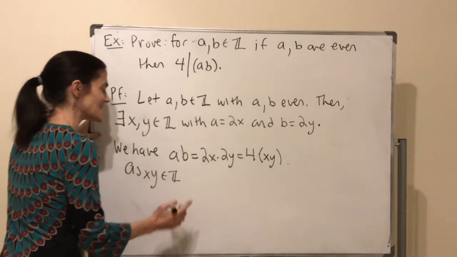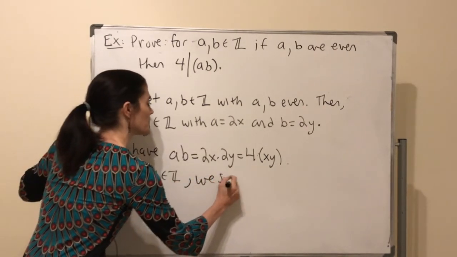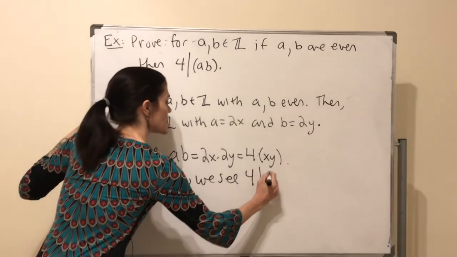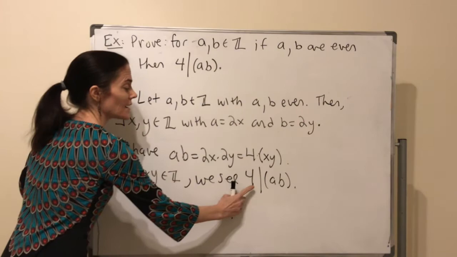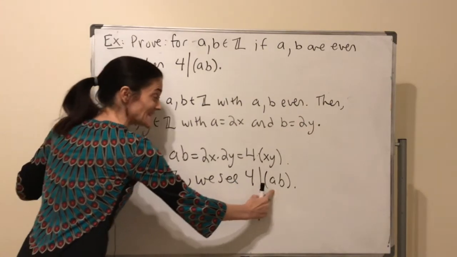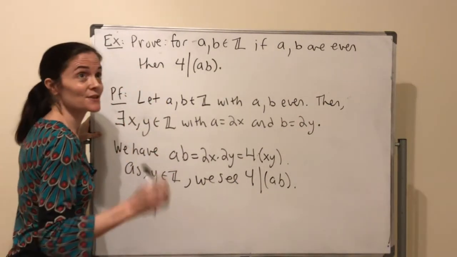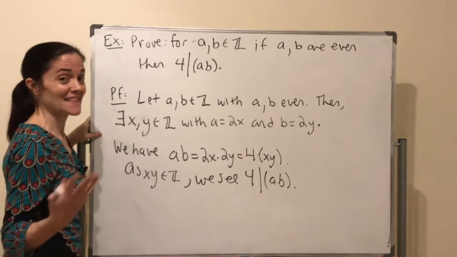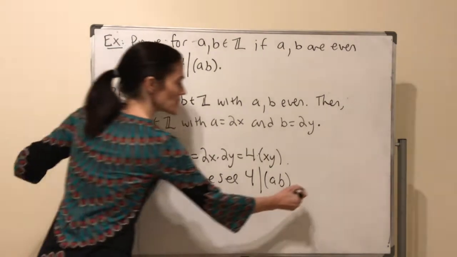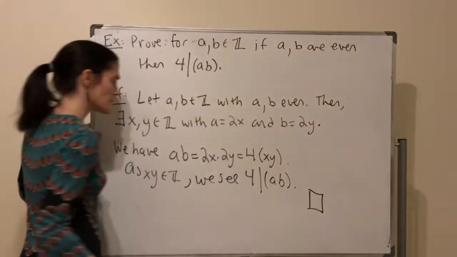So as this is an integer, we see that 4 divides this product. The definition of 4 divides ab would be there is some integer such that 4 times that integer is a times b. And this is what we have shown in this proof. So this is the end of this proof.